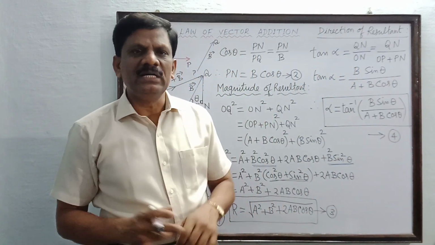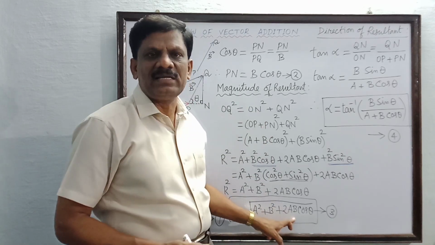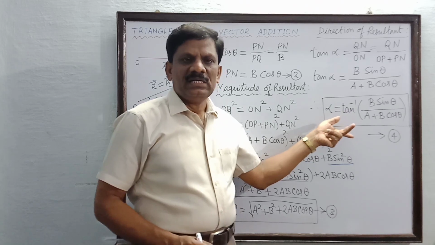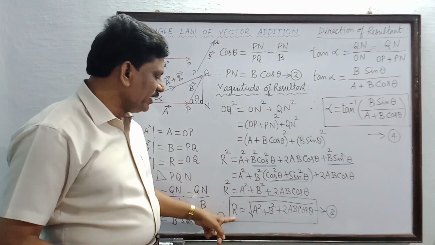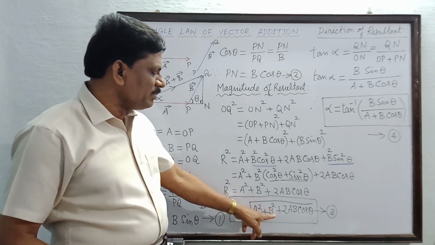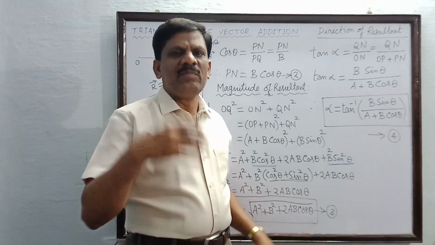So we have derived an expression for both the magnitude of the resultant vector R and the direction of the resultant. So it is found that the magnitude of the resultant R is equal to square root of A square plus B square plus 2AB cos theta, depending upon the value of theta.